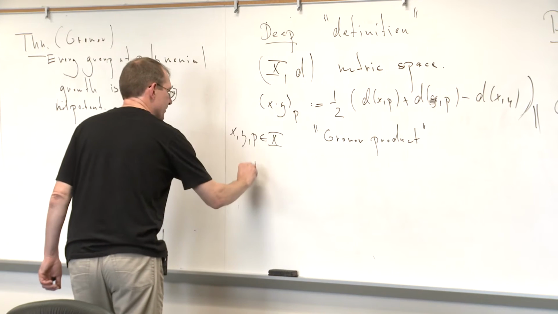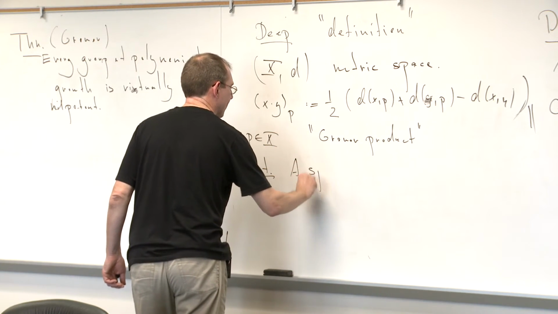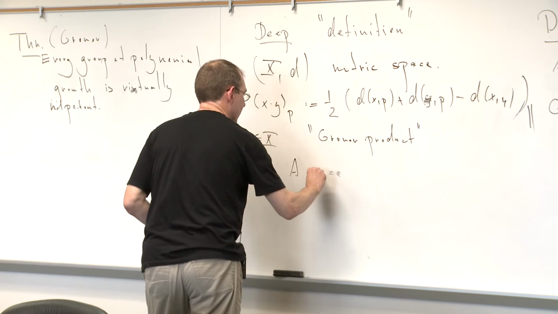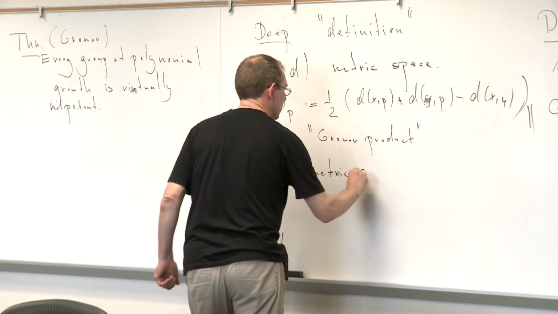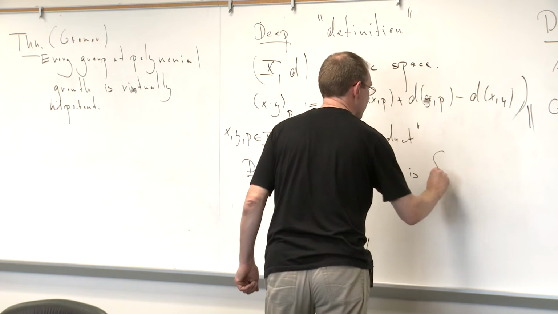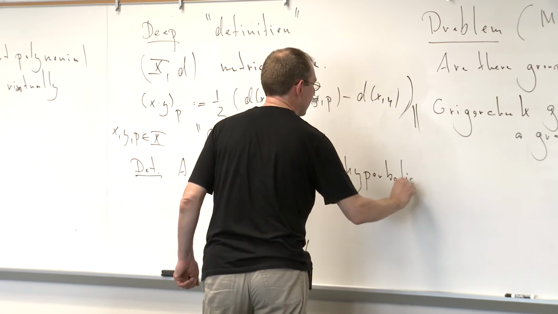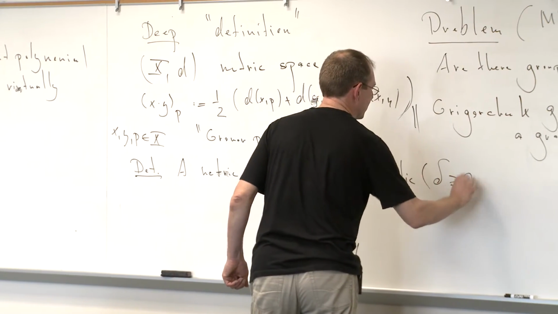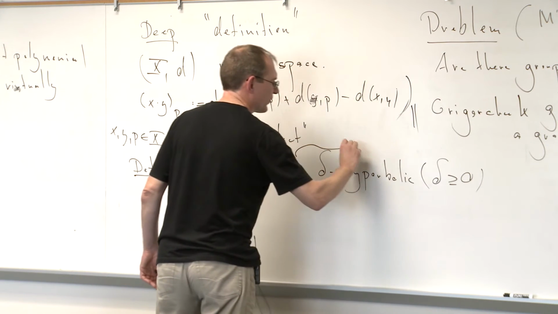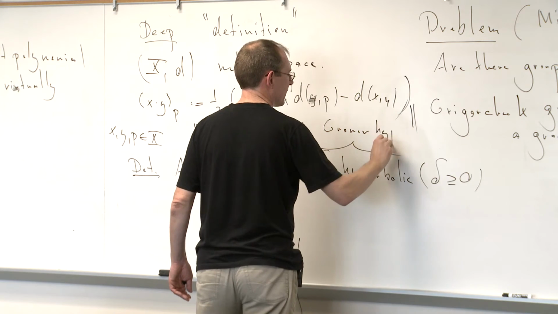So, definition: a metric space is delta hyperbolic, where delta is any non-negative number. Often we call these spaces now Gromov hyperbolic if they're delta hyperbolic for some delta.